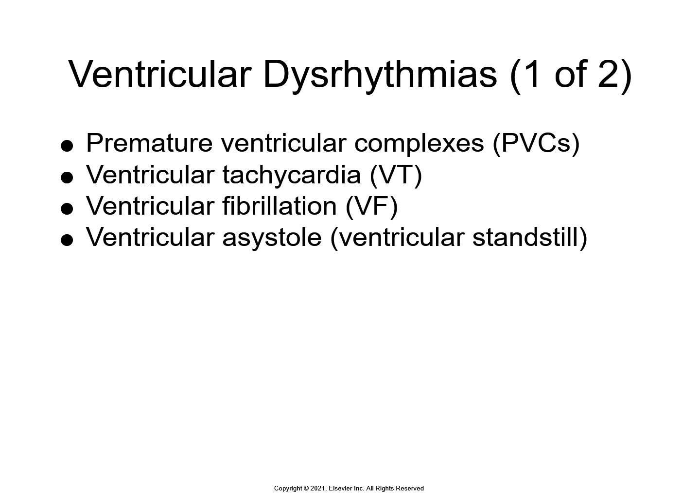And this is how they are classified: as premature ventricular complexes, that's a PVC, a ventricular tachycardia or VTAC, ventricular fibrillation, VFib, and a ventricular asystole, which is complete standstill.